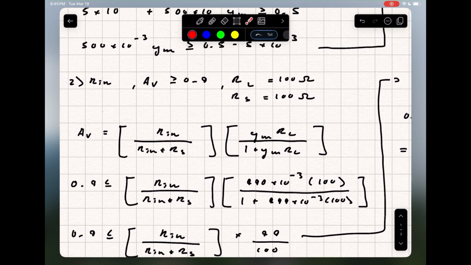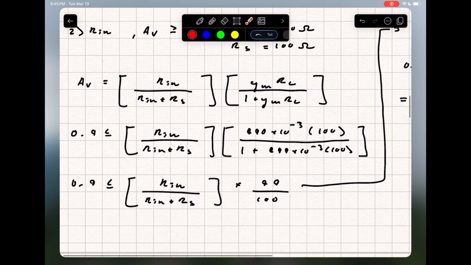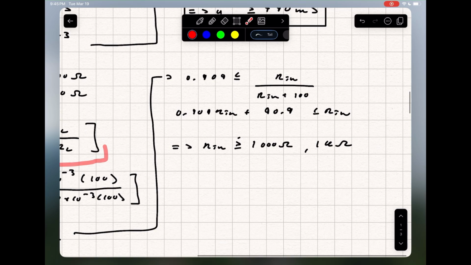Finding the input resistance, given that the gain must be greater than or equal to 0.9, as well as RL and RS being 100 ohms, using this derived expression, as well as some math, we find that the input resistance must be greater than or equal to 1 kilo ohm.